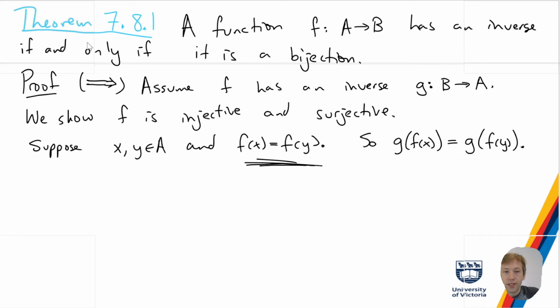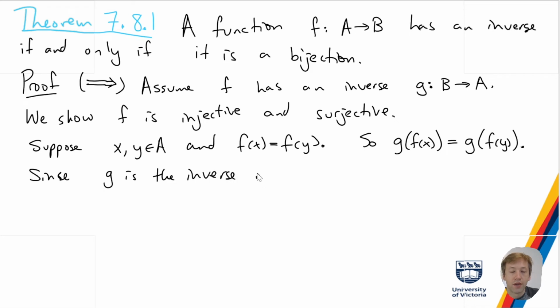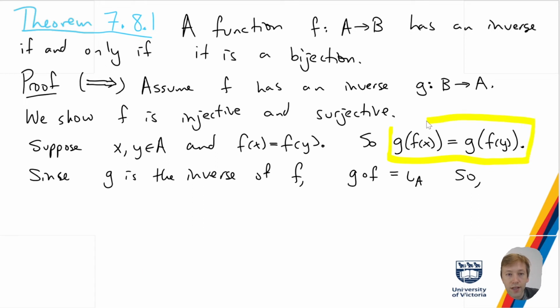However, since g is the inverse of f, we have that the composition of g and f is the identity function on A. So if I take this equation here, then the left side is just the identity function of x, and the right side is just the identity function on A of y.